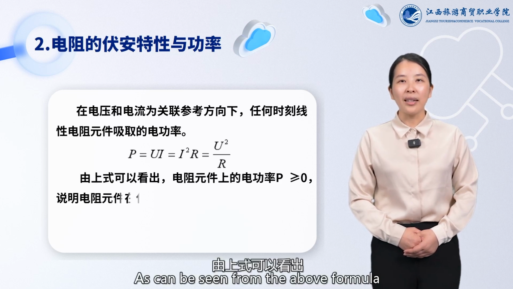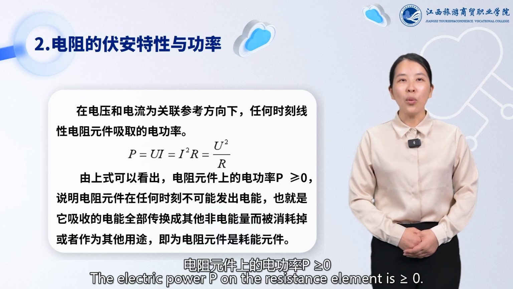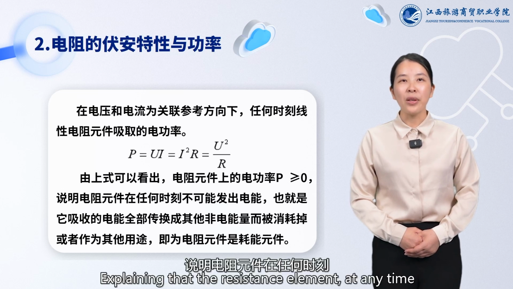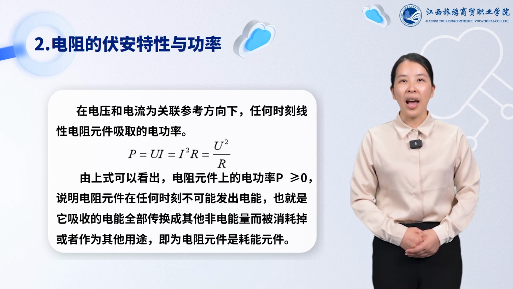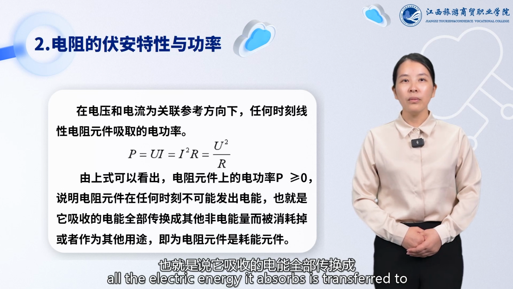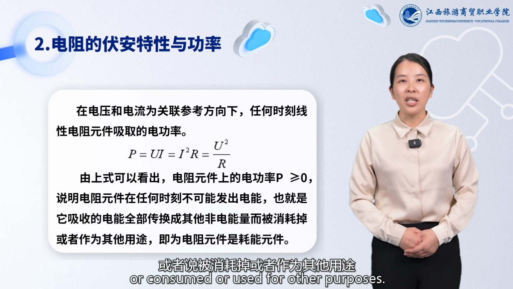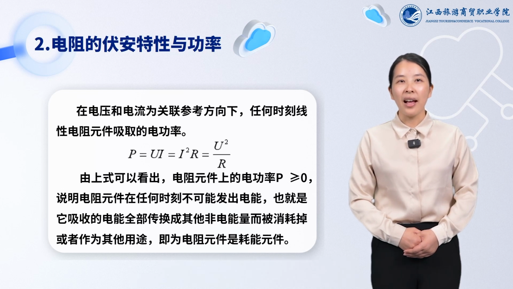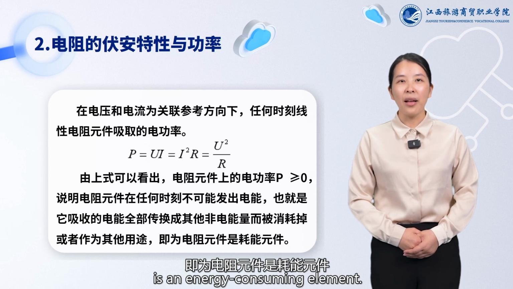As can be seen from the above formula, the electric power P on the resistance element is greater than or equal to 0, explaining that the resistance element at any time is impossible to generate electricity. That is to say, all the electric energy it absorbs is transferred to other forms of energy, or consumed or used for other purposes. That is, the resistance element is an energy-consuming element.